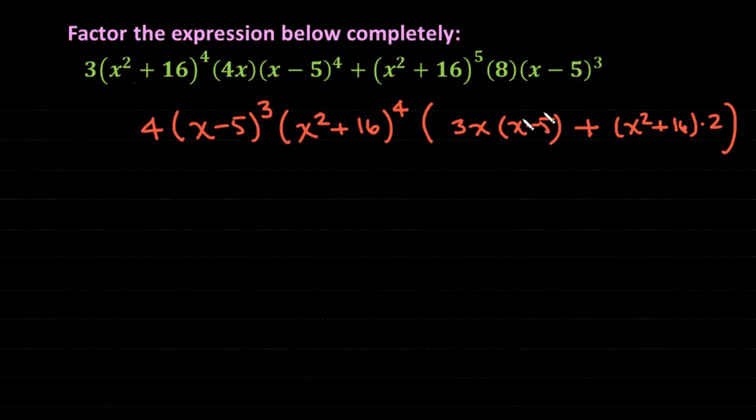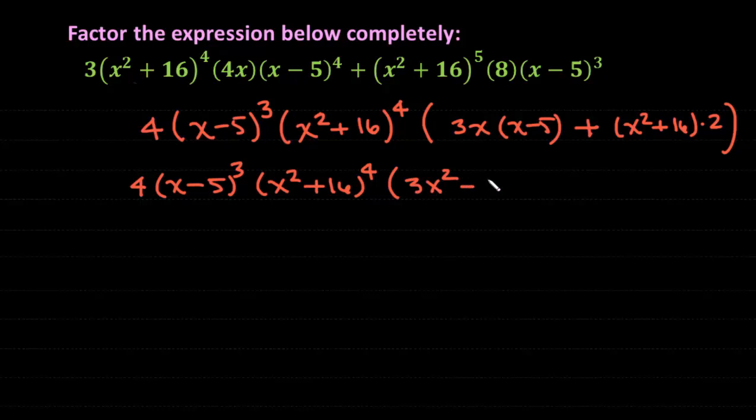Now if we simplify all this stuff inside here, and let me rewrite the rest of this stuff here on the outside. Going back to this, if we simplify this, we get 3x squared, meaning 3x times x is 3x squared, minus 3x times 5, which is 15x, and then we have 2x squared plus 16 times 2, which is 32.